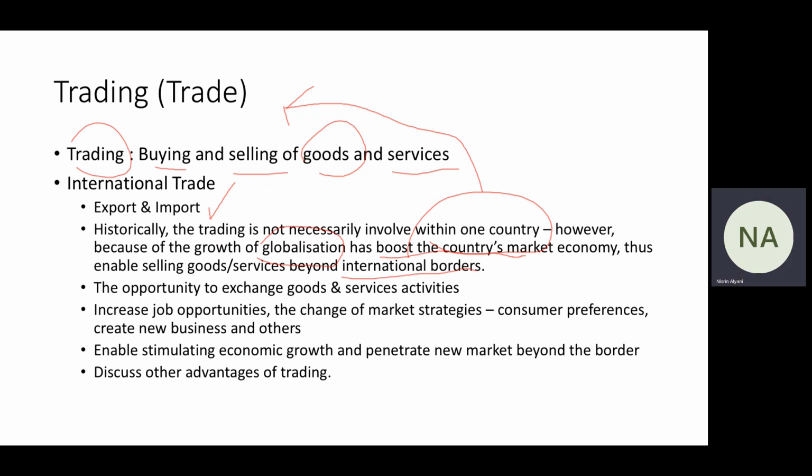Through trading, companies and organizations are able to exchange goods and services. Do you still remember when we discussed handphones? Some companies do trading, selling handphones of any kind of brand internationally. Some of you may wonder that these products come from different parts of the world.